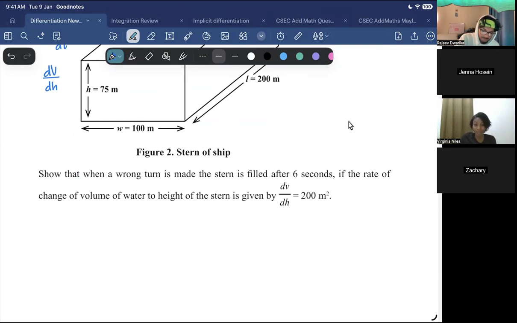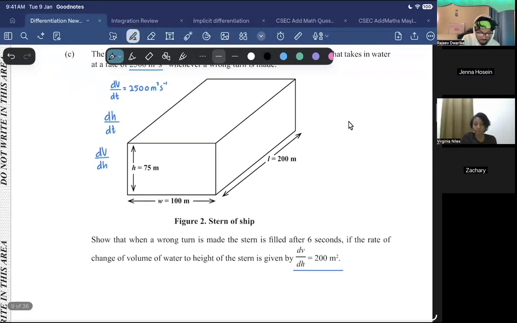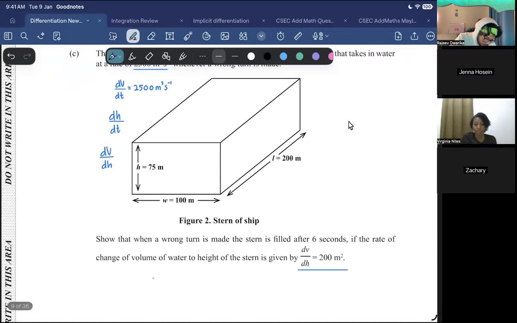And they're telling us the rate of change of the volume of water to the height of the stern is given by dV/dh. In the question, they're giving us dV/dt, that is 2,500 meters cubed per second, and they're giving us dV/dh.